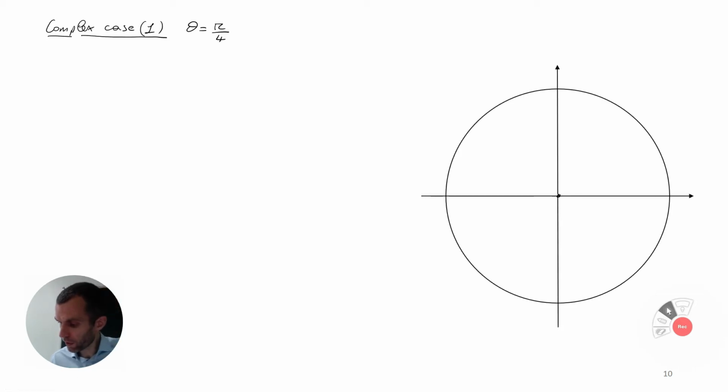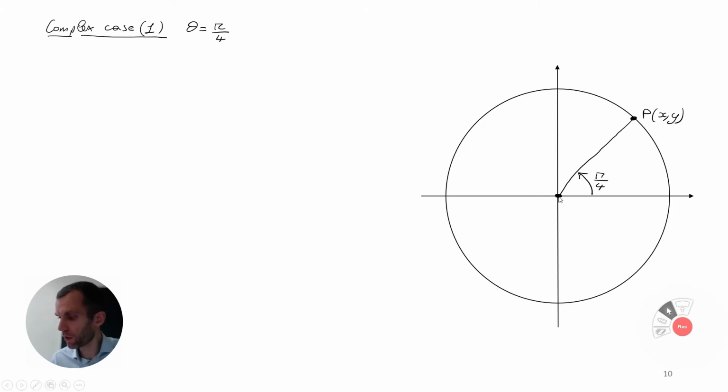Complex case 1, it's not that complex, but it's a little bit more work, is what is the point corresponding to the angle pi over 4? So if we take our trigonometric circle, or unit circle, this is the angle theta pi over 4, the point P, x and y.